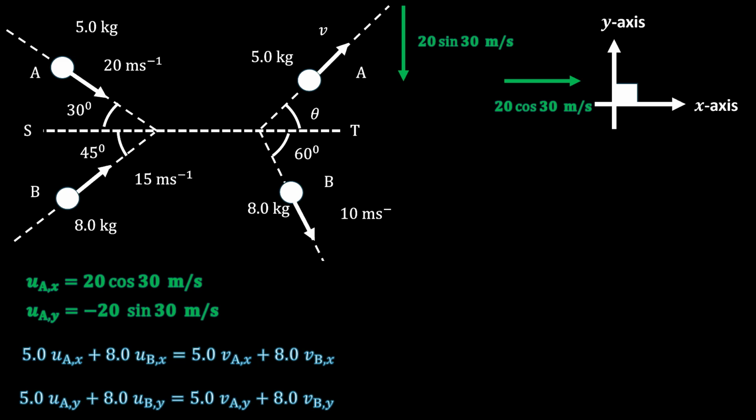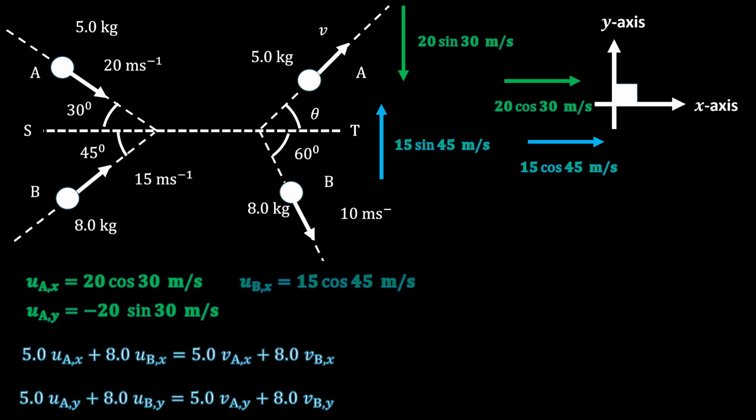For particle B, we have 15 cos 45 meter per second along the x-axis, and we have 15 sine 45 meter per second along the y-axis. Therefore, we can write UBX equals 15 cos 45 meter per second and UBY equals 15 sine 45 meter per second.